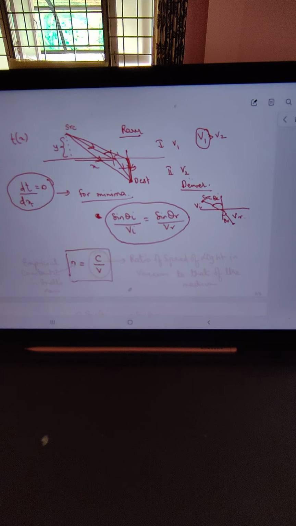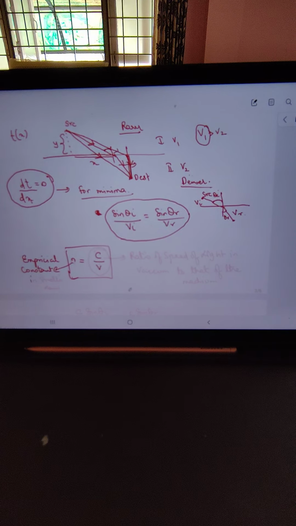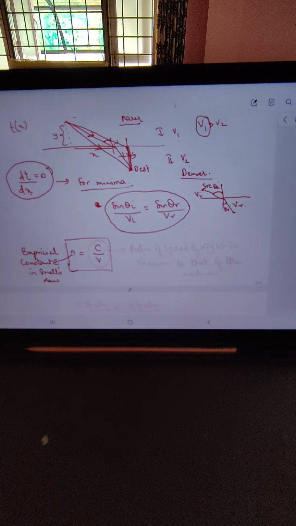This index of refraction, which was an empirical constant in Snell's law, can be related to the ratio of the speed of light in vacuum to that of the medium.